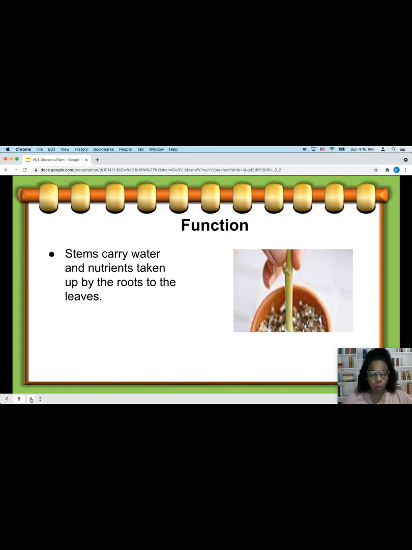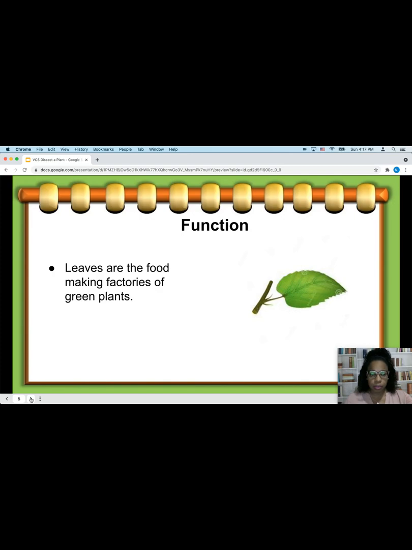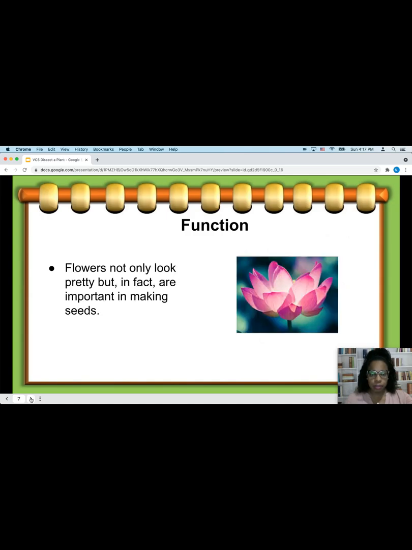Stems carry water and nutrients taken up by the root to the leaves. Leaves are the food-making factories of green plants. Flowers not only look pretty, but in fact are an important part in making seeds.